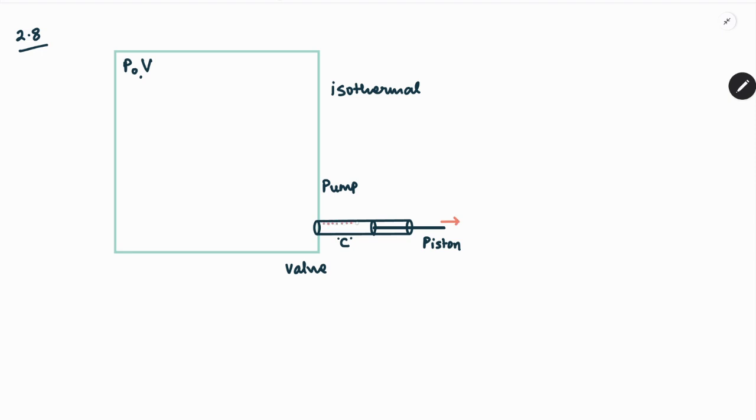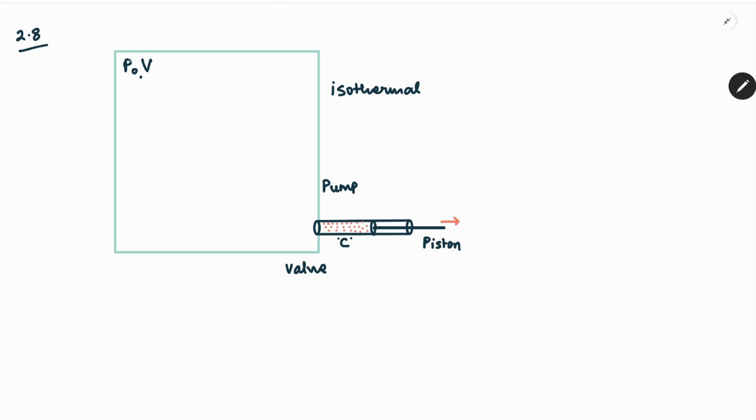So as the piston slides towards the right, the gas from the chamber is going to fill inside this piston, opening this valve, and then this valve is closed and this gas is released. Again the piston will slide towards the left, and then again the valve will open as the piston slides towards the right, and then the gas will be ejected.